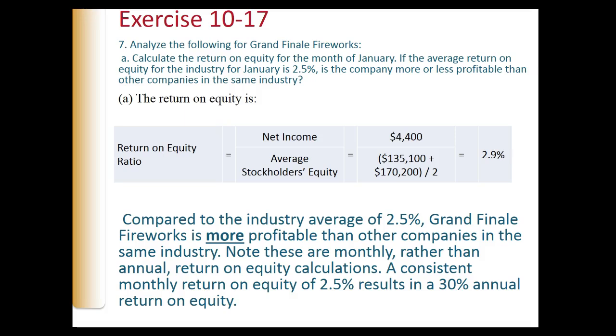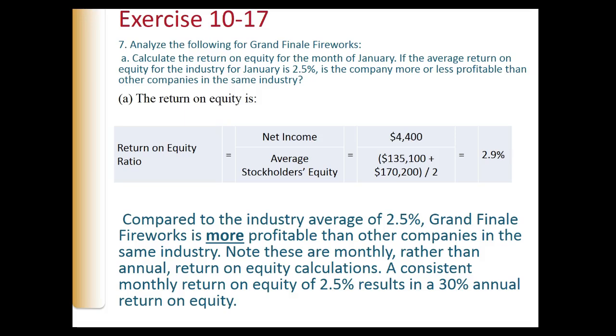So our net income of 4,400 divided by our average stockholders' equity gives us a return on equity ratio, ROE, of 2.9%. Compared to the industry average of 2.5%, Grand Finale Fireworks is more profitable than other companies in the same industry.